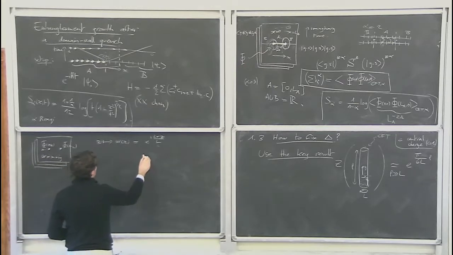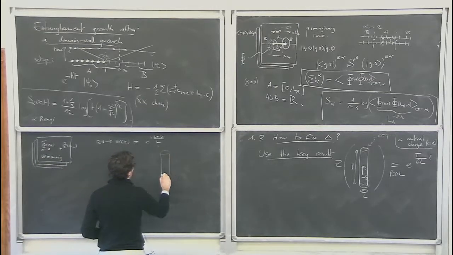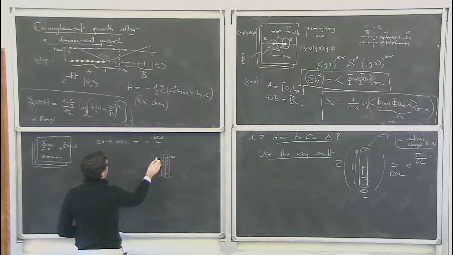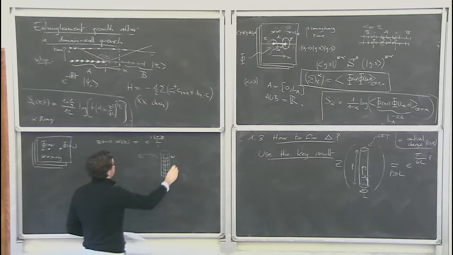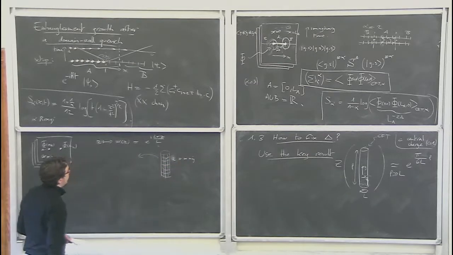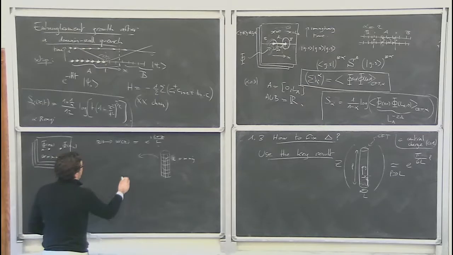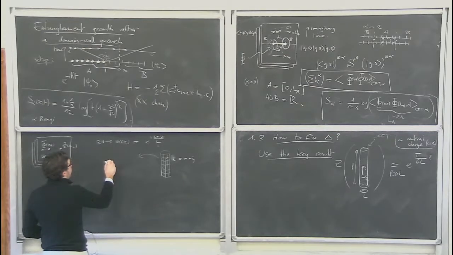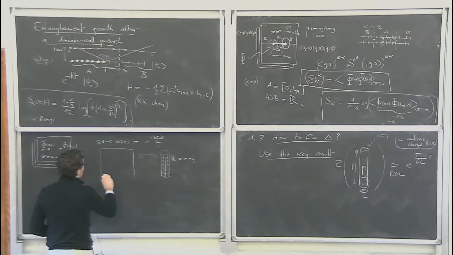What this does is that it takes a point on the cylinder, where z is x plus iy on the cylinder, y is the periodic coordinate, and this goes to the plane like this.